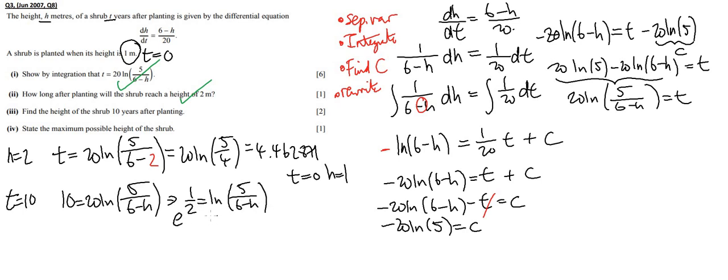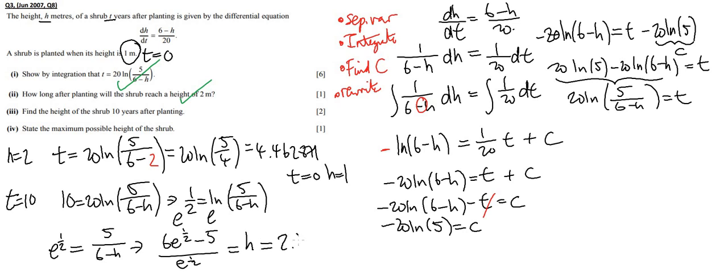Now we can raise this to the power of e, which means e to the half is equal to 5 over (6 minus h). Then we just need to do a bit of manipulation, and we get that 6 minus 5 over e to the half equals h. And on our calculators, that's 2.96734467. And that's the third part taken care of.